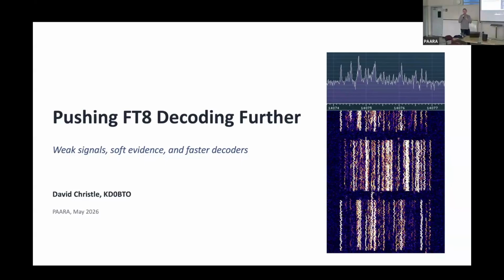They recently introduced a version that uses multiple cores to do this decoding. But there are a lot of applications in amateur radio where you don't have a desktop computer available, so that's the motivation. With that, I will get into the talk.